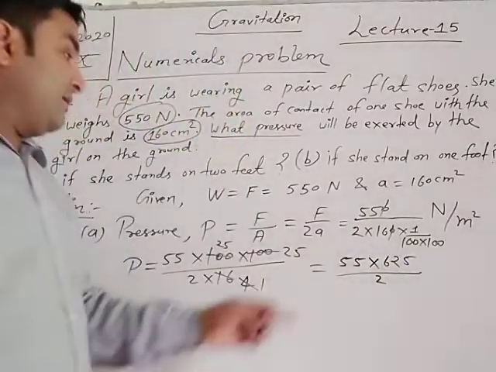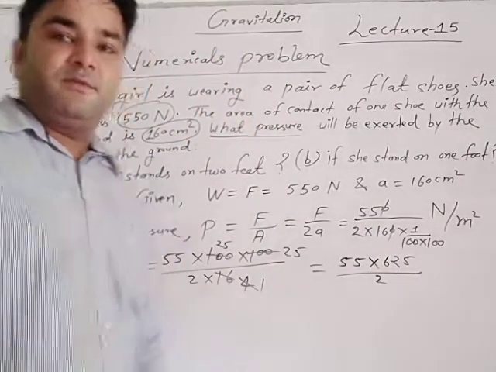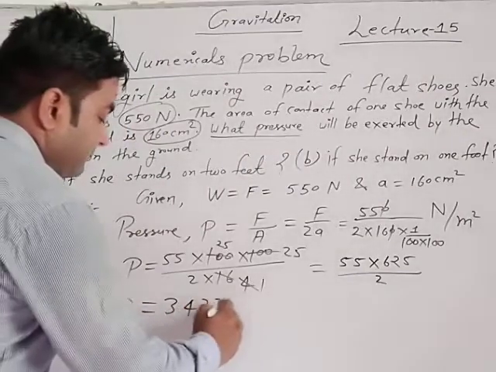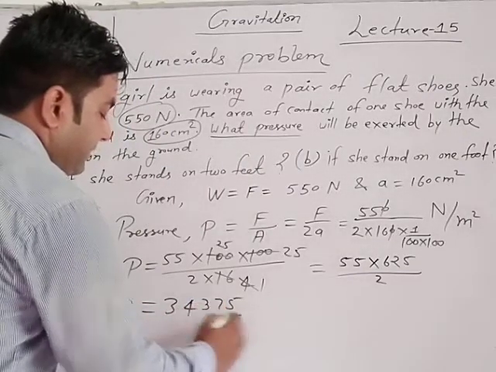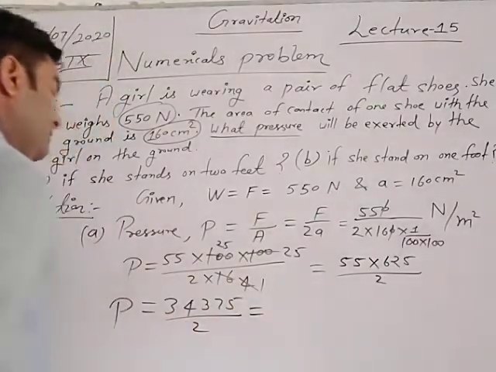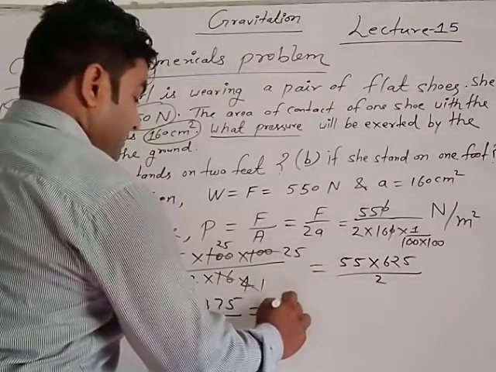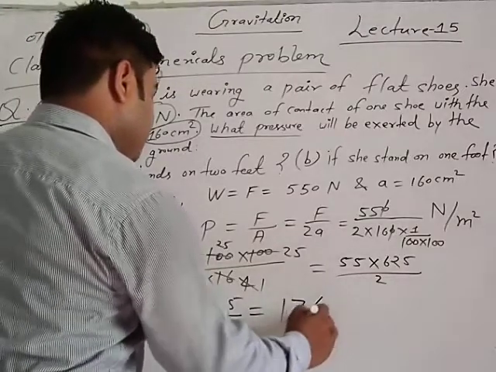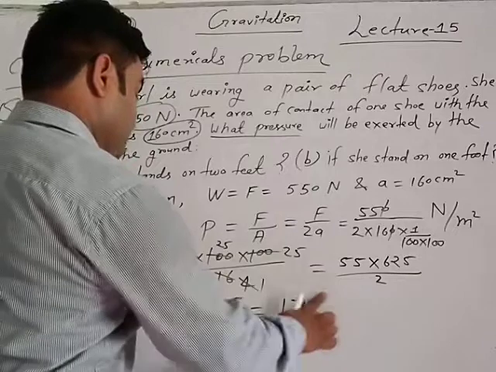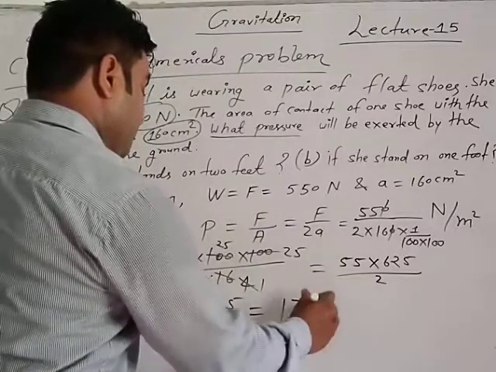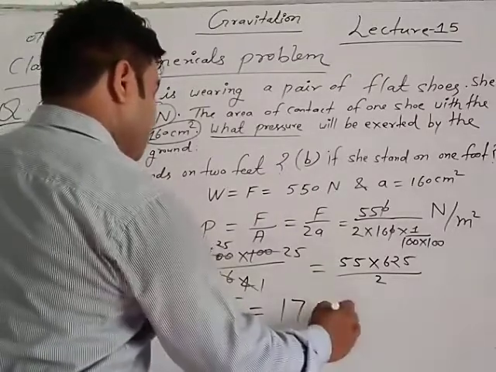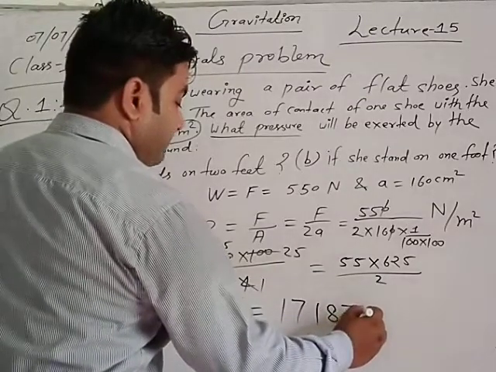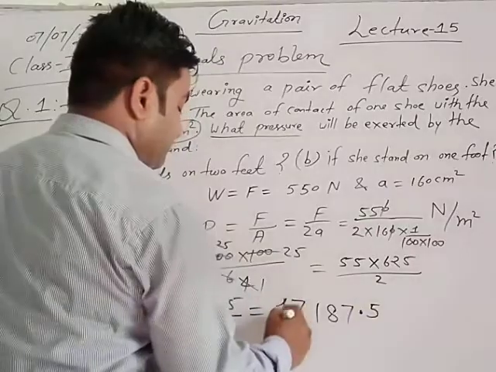When we multiply 55 into 625, we get 34375 upon 2. Dividing that by 2, we get 17187.5.